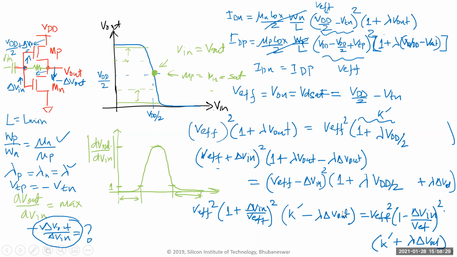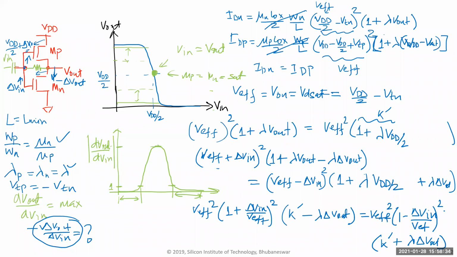I'm going to go to the next slide and rewrite this. Okay, so V effective, these two I can cancel now, right? I hope you guys remember now. So it's going to be 1 plus delta V in over V effective, squared, and this is K dash minus lambda delta V out.